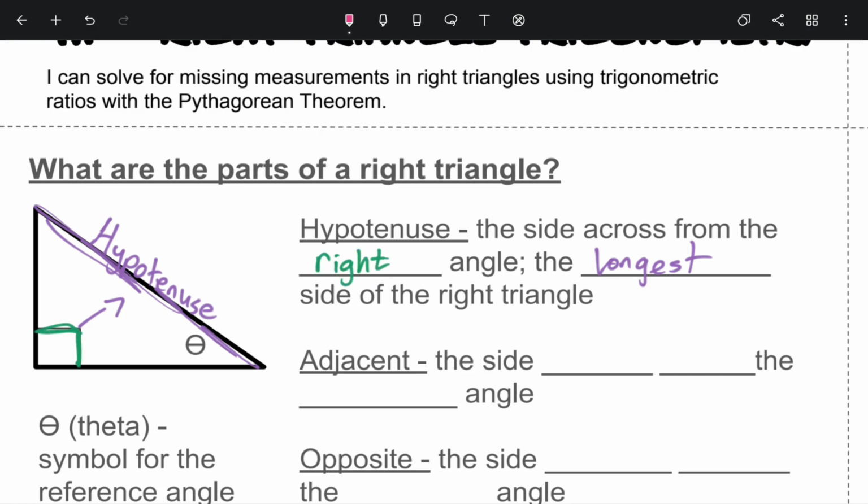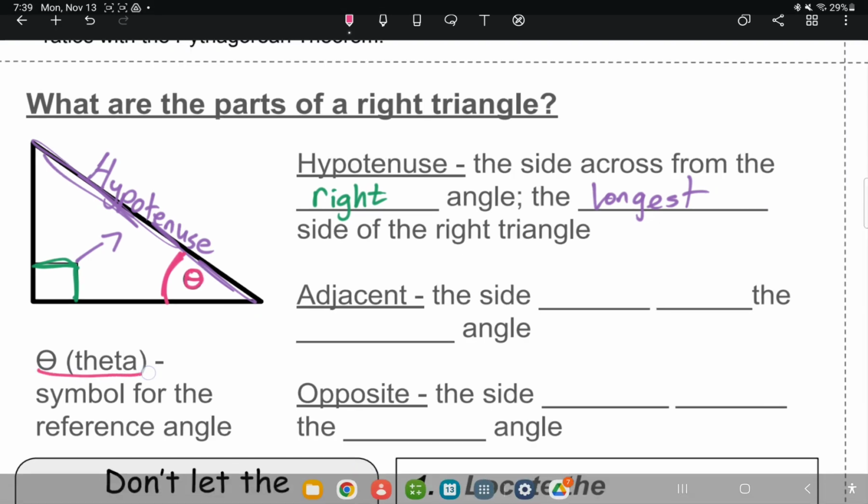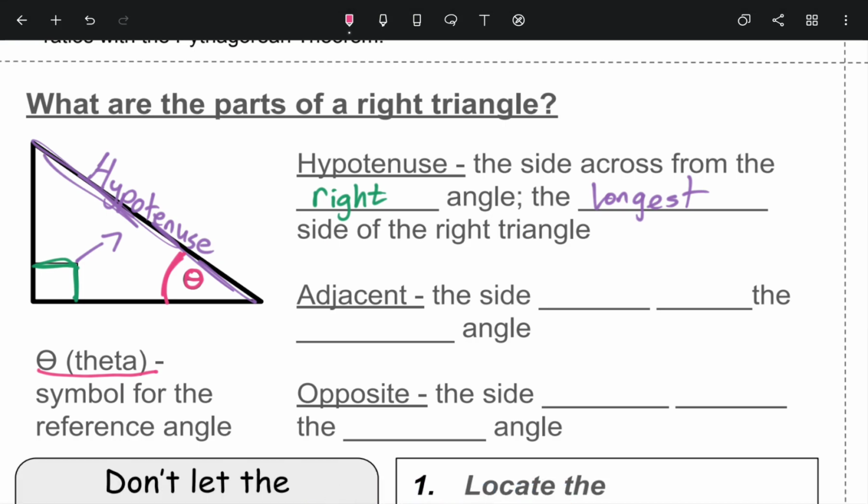I've gone ahead and recolored the right angle as green because I want to specify this other angle. So before we move on to what the adjacent and opposite sides are, I want to define what this symbol is. This symbol is theta, and it just means our reference angle, whichever angle we're using to determine what we label the other sides as.